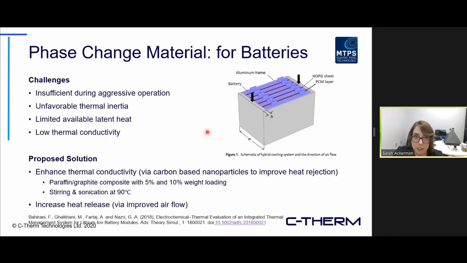They have a very unfavorable thermal inertia, which tends to limit the available latent heat and limit the kinetics of cycling of these systems. So the solution that was proposed in this work is to improve the thermal conductivity, improve the thermal inertia, and improve the cycling release, or the thermal cycling of the PCM material.